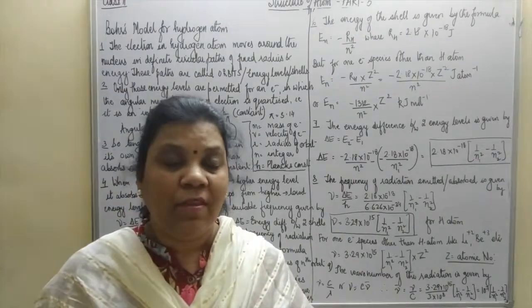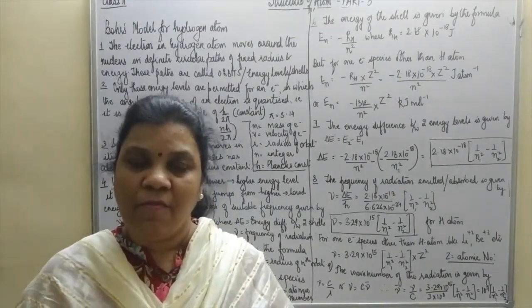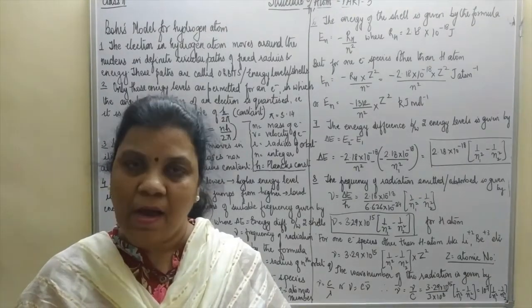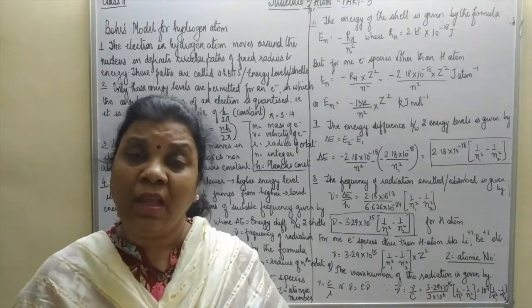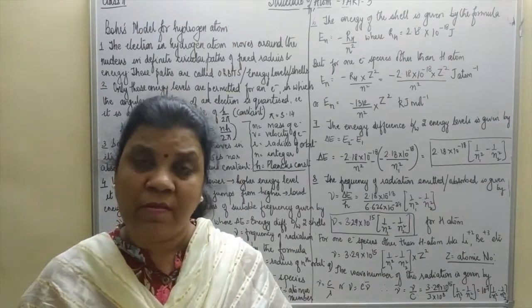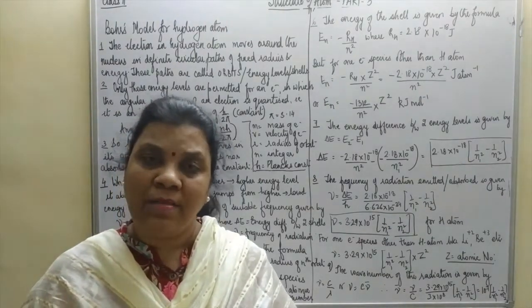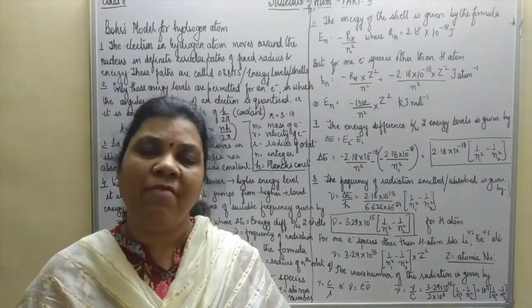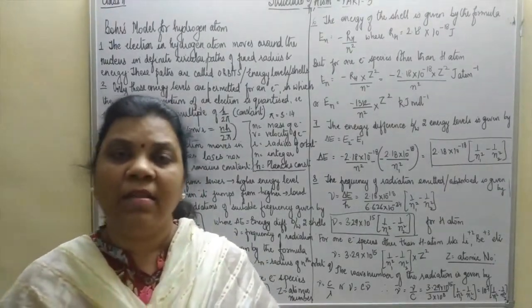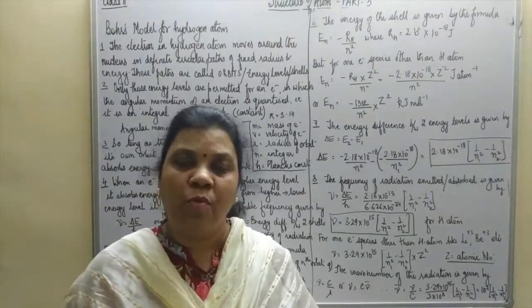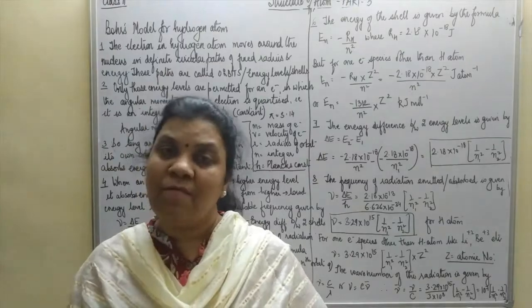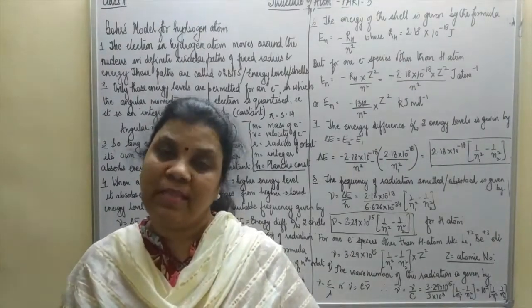We are all aware of the structure of atom: we have a centrally located nucleus. In the extranuclear part, the negatively charged electrons revolve in their fixed paths, which have fixed radius and fixed energy, and these paths are known as orbits, shells, energy levels, or stationary states.